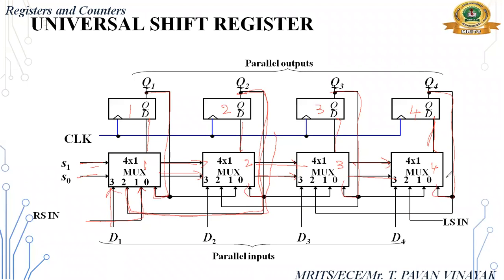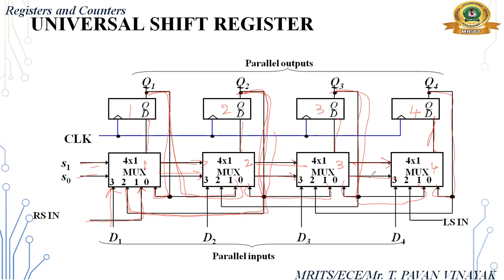For right shift we give Q1, then Q2, Q3.